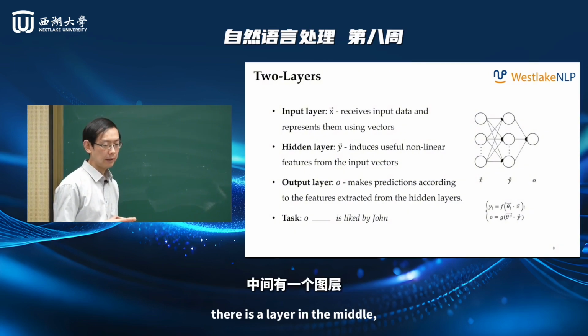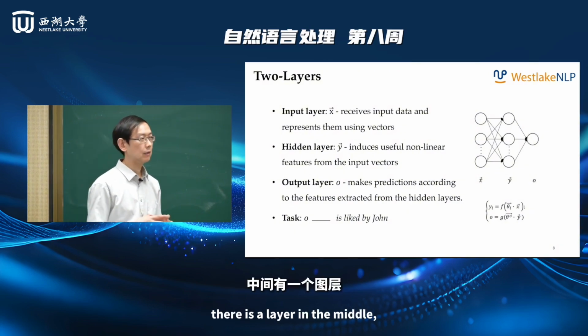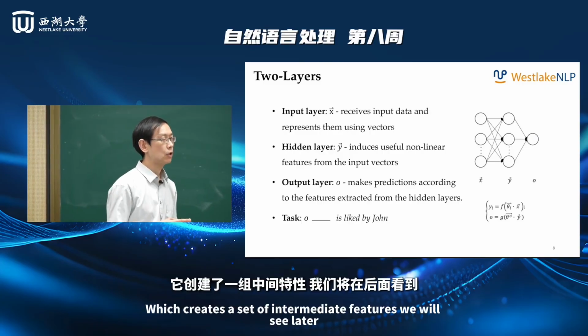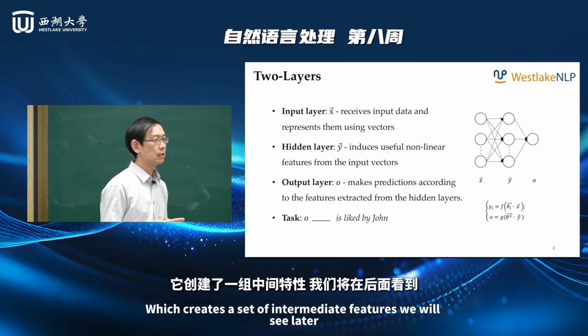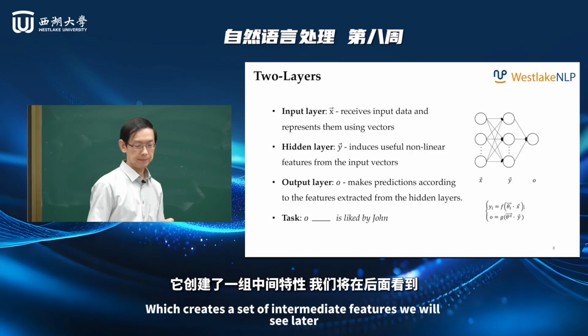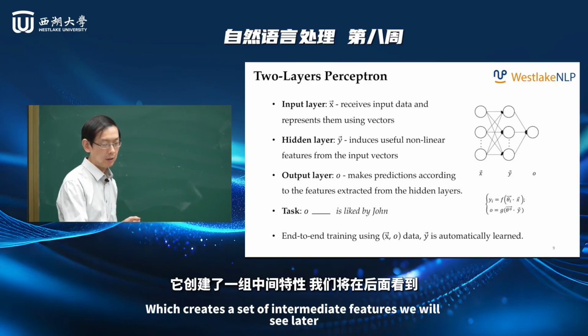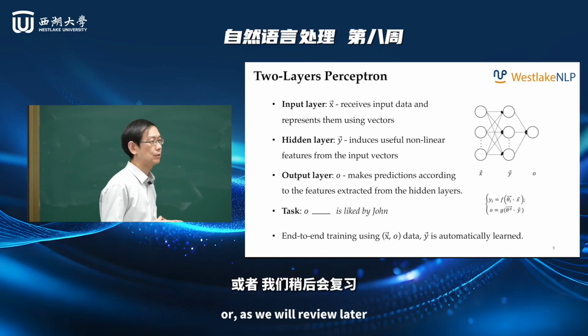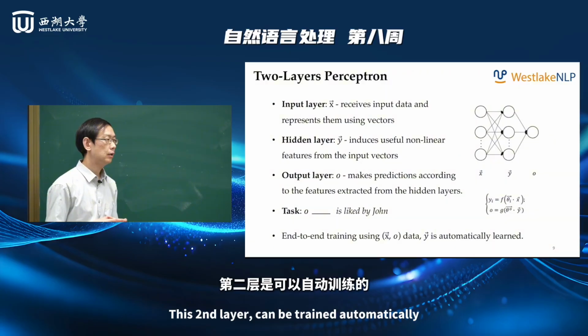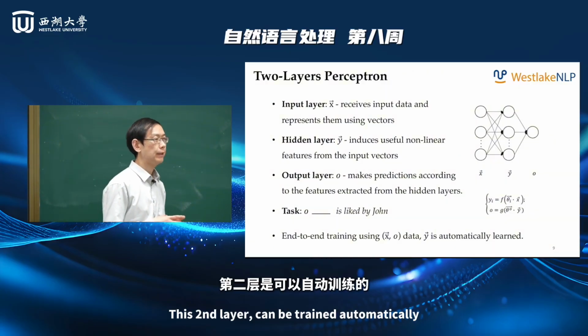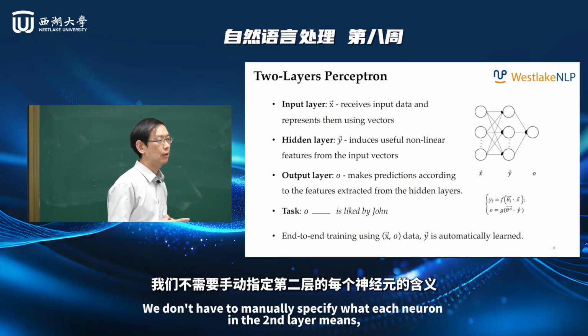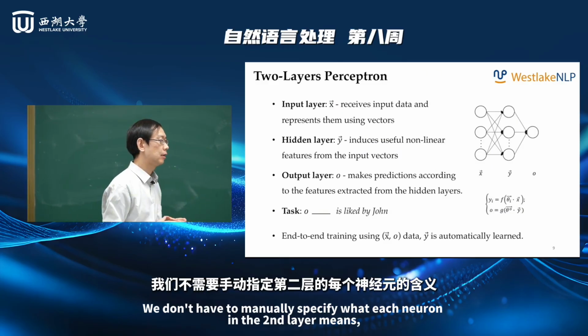So there is a layer in the middle, which creates a set of intermediate features. As we will review later, this second layer can be trained automatically. We don't have to manually specify what each neuron in the second layer means.